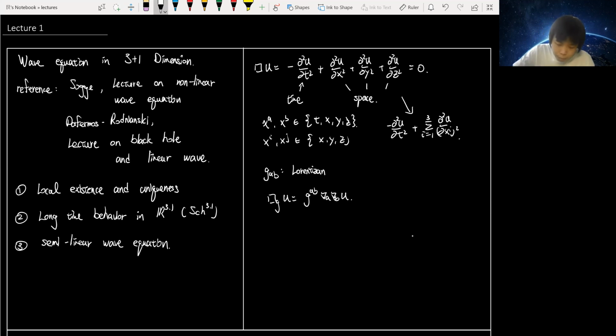For example, the above standard wave equation corresponds to the so-called Minkowski metric, minus dt squared plus dx squared plus dy squared plus dz squared.